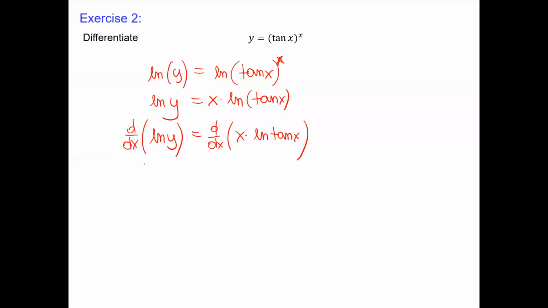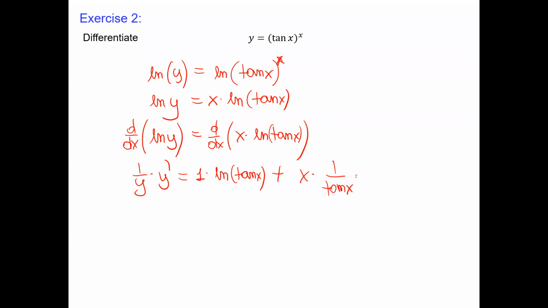Derivative of ln of y is 1 over y, follow the chain rule, times y prime. Derivative of x is 1 times ln of tangent, product rule, plus x times derivative of ln of tangent, 1 over tangent x times derivative of tangent, secant squared. So natural log of tan x plus x secant squared of x over tangent of x, because we cannot really simplify.